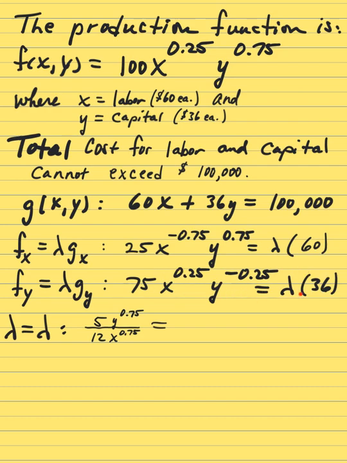75 divided by 36. I'm going to double check with my calculator. We want to write that as a reduced fraction because we're isolating lambda in both of those lines. 75 divided by 36 as a reduced fraction, 25 over 12.